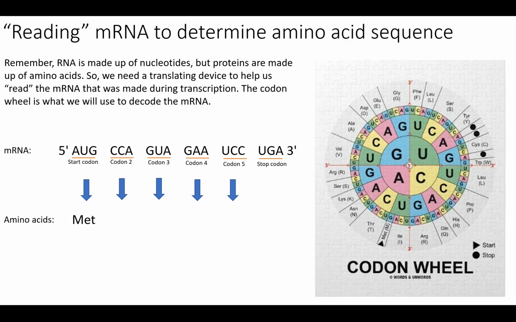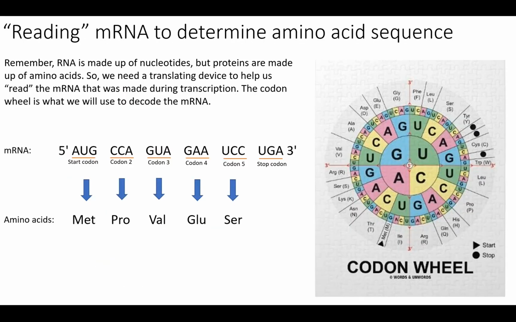So in this example, methionine is first. It's actually always first. The second amino acid we need is proline. So, in order for this particular protein to be made, we need proline and only proline to be second. We need valine and only valine to be third. Glutamine and only glutamine fourth, serine and only serine fifth, etc.